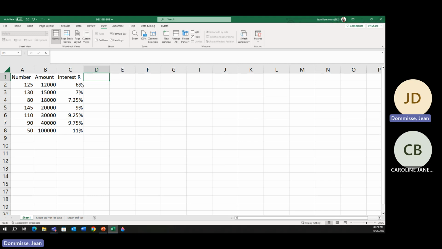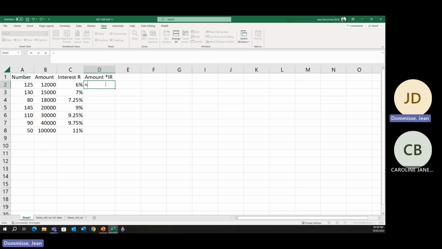So they told you in this one, you need to work with the amount. So weighted interest rate with the amount. So you basically will do an amount times interest rate. So that is also what they in that formula on page 142 nearly say, that you need to multiply those two, but you do it for all of them.